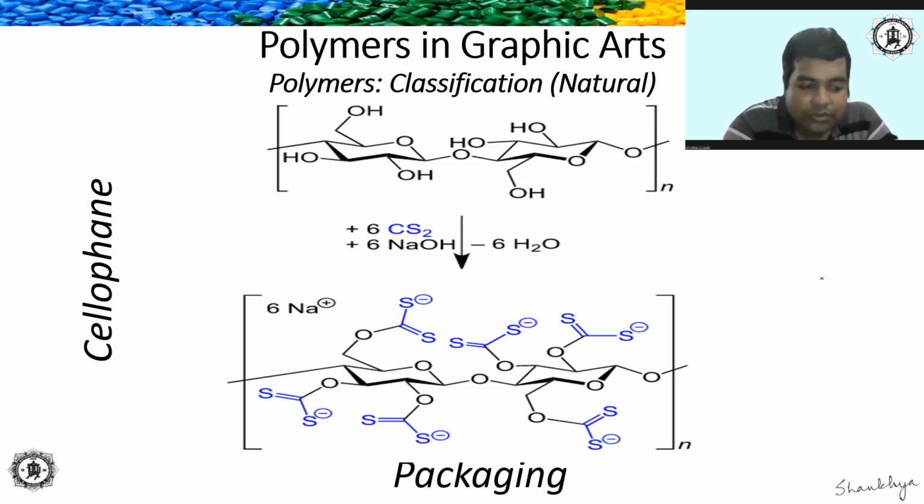The problem with cellophane is that it is soluble in water, and most importantly, it swells in water. That is a big problem with cellophane. It is soluble in acetone and insoluble in ether and toluene. It has a good sealability property. Due to this property, most of the time it is used for lamination purposes.